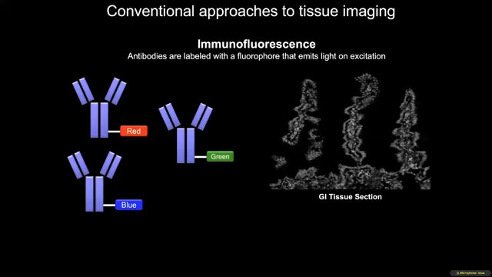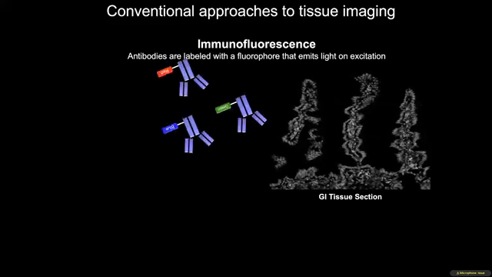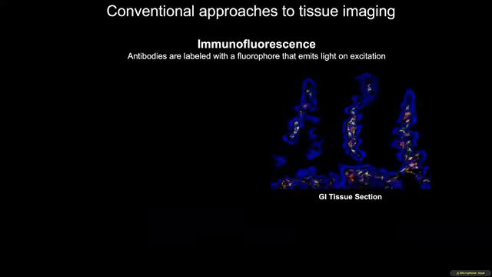The tissue would be stained with those antibodies, and upon excitation with the light source, you get fluorescence emission, essentially telling you where the spatial locations of these different proteins are.